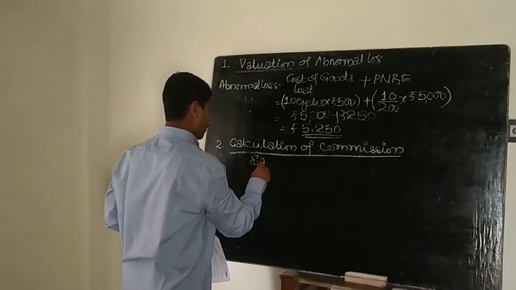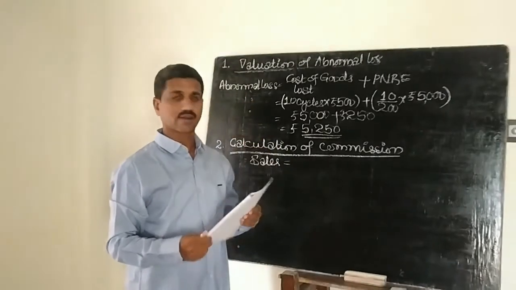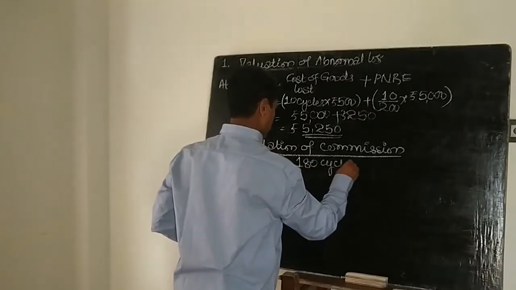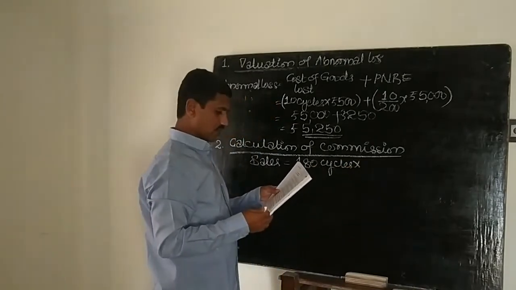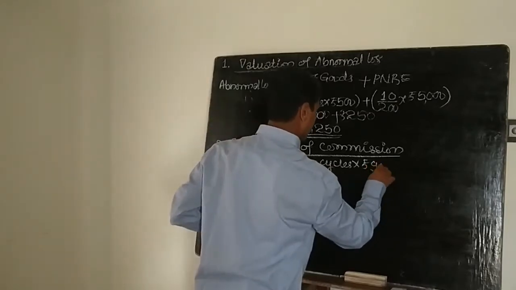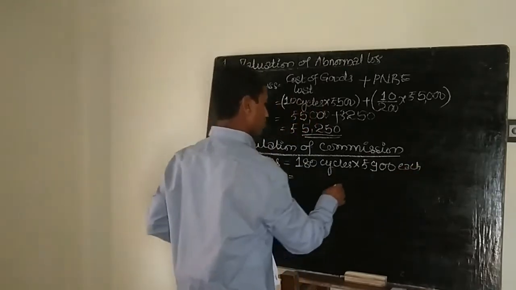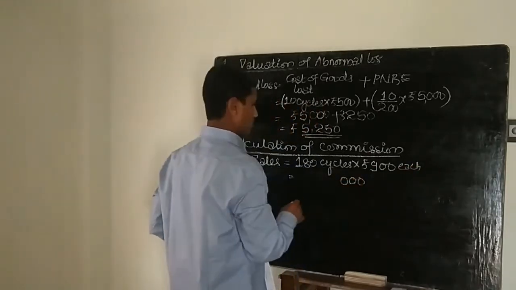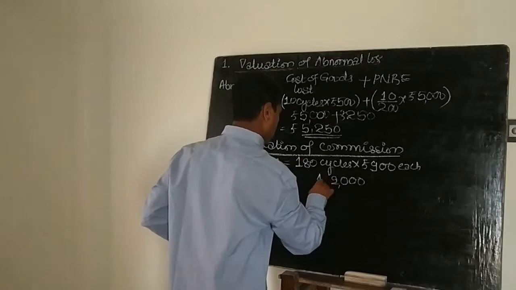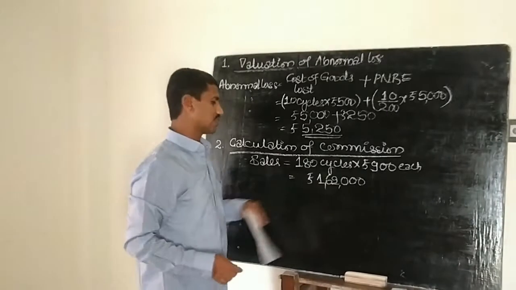Sales equals, so how many cycles are sold by the consignor here? 180 cycles at the rate of rupees 900 each, or per cycle you can also write. So 1,62,000 rupees is the value of sales here.